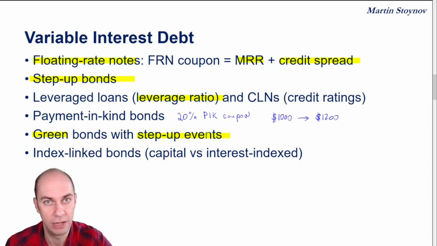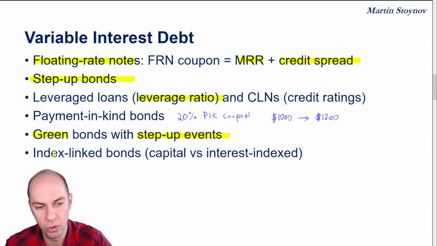We said, for example, reduce CO2 emissions. We will actually have trigger events or step-up events which will cause the coupon rate to increase should they fail to meet their target. So, for example, if you fail to reduce CO2 emissions by 20%, then the coupon will have to increase.